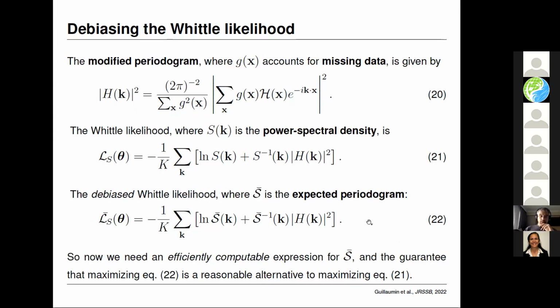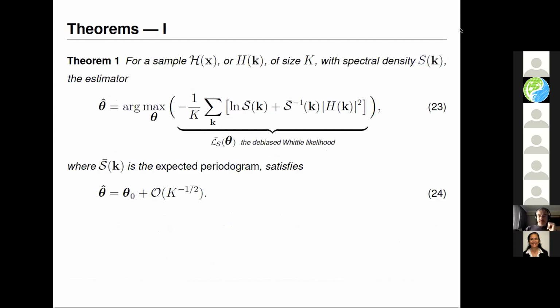So the paper in GRSSB that's coming out pretty soon says, well, look, 3 theorems. One is that if we do what I just said, we maximize the de-biased Whittle likelihood, we are getting a good estimator with consistent behavior. That's theorem 1. There are 2 lemmas to that.